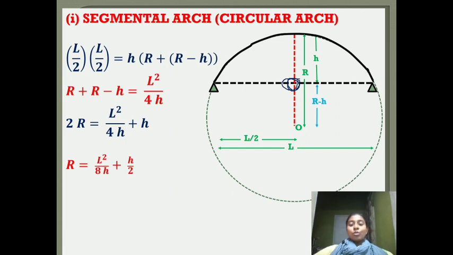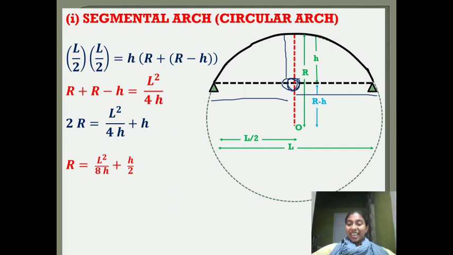span. So you can divide the span into two equal halves, L by 2 and L by 2. So according to the chord segment theorem, L by 2 multiplied by L by 2, that is this distance, is equal to this distance.